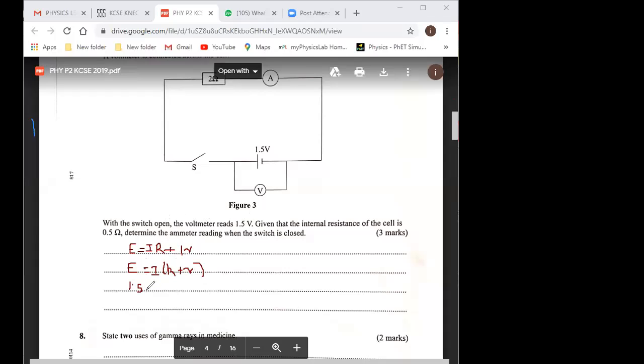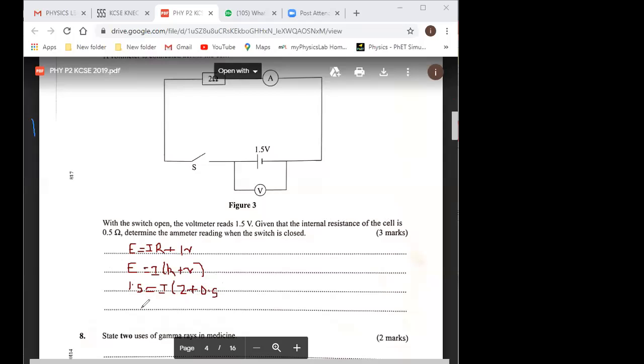1.5 is equal to I multiplied by capital R, which is 2, plus small r. Small r is the internal resistance, which is 0.5, so we are adding 0.5.